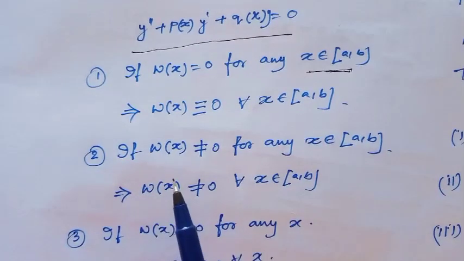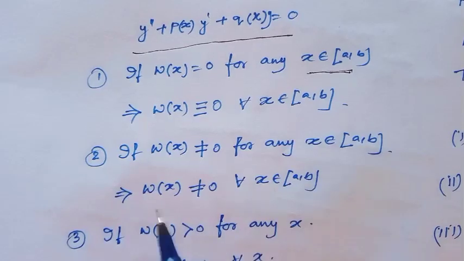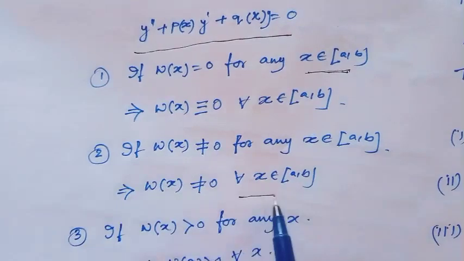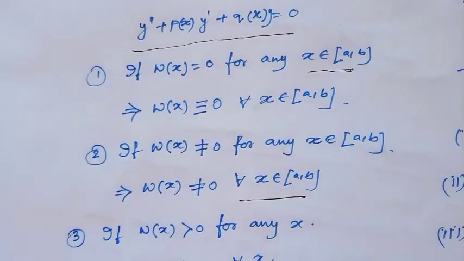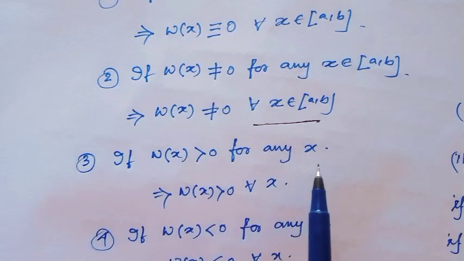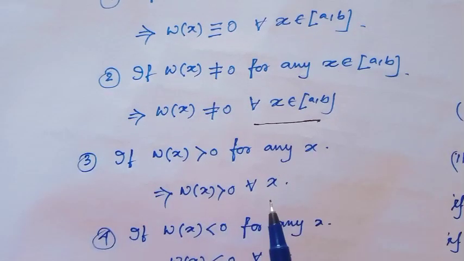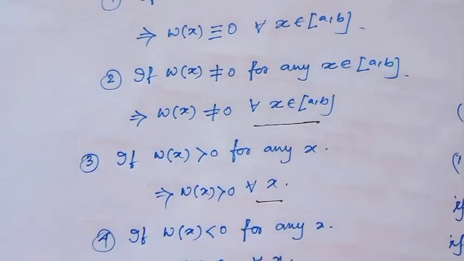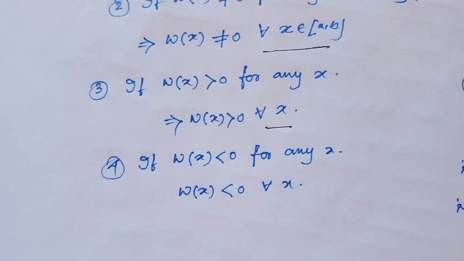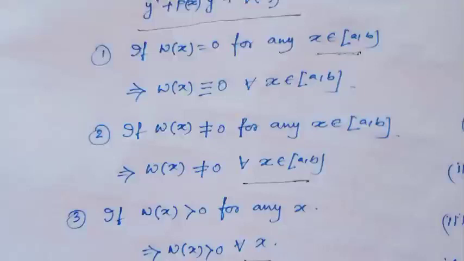Option 2: if the Wronskian is not equal to 0 for some x in (a, b), that implies it is not equal to 0 for all x in (a, b). Option 3: if the Wronskian is strictly greater than 0 for some x, that implies it is strictly greater than 0 for all x. And option 4: if the Wronskian is less than 0 for some x, that implies it is strictly less than 0 for all x.